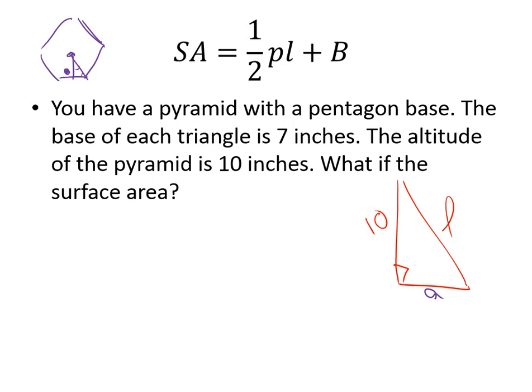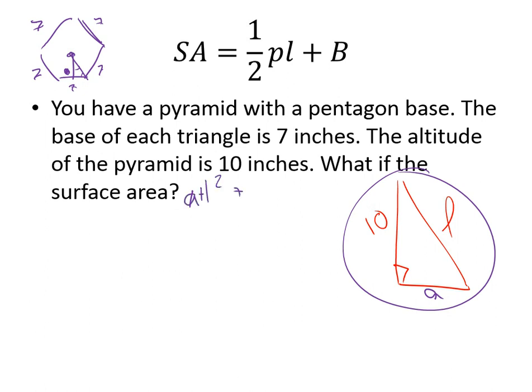So this is kind of a multi-step problem. First, you have to find the area of the base using the apothem. Each side here is 7, 7, 7, 7, 7. Once you know the area of the base and the apothem, you're able to find the lateral height using the Pythagorean theorem: altitude squared plus apothem squared is equal to the lateral height squared.